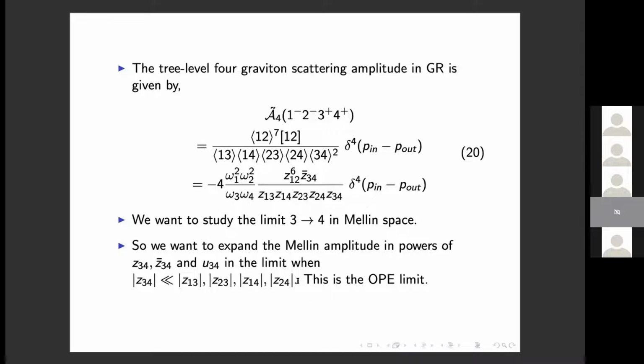And the other point is that from now on we will be working in split signature, because since I am working with a 4-point function, it will factorize in terms of a 3-point function, and the on-shell 3-point function in minus plus is zero. So we work in split signature, and the only difference is that now z and z bar are just independent real numbers.